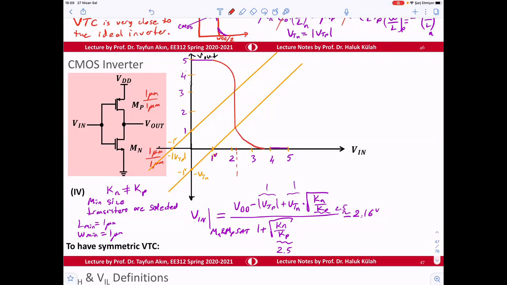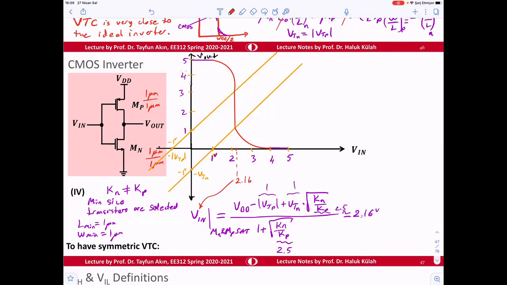So this is the point, 2.16 volts. So again, it works like a nice inverter.